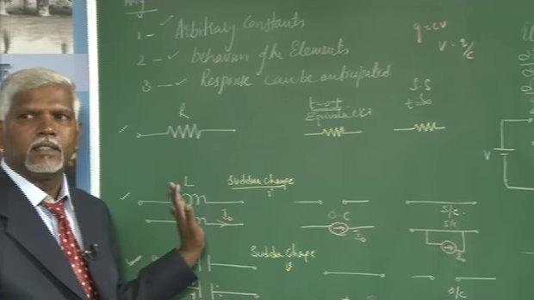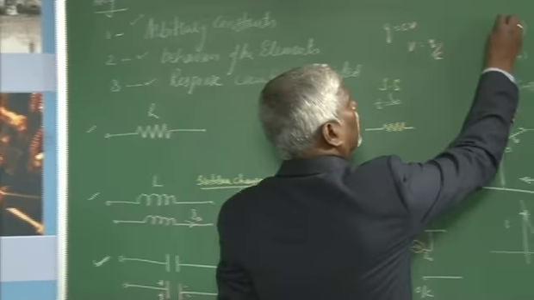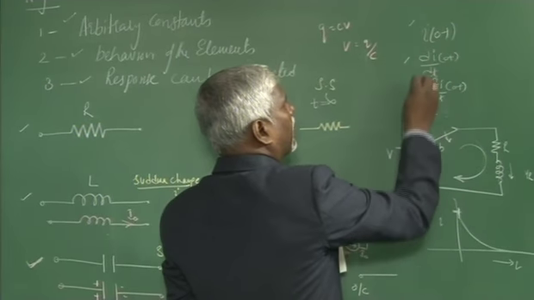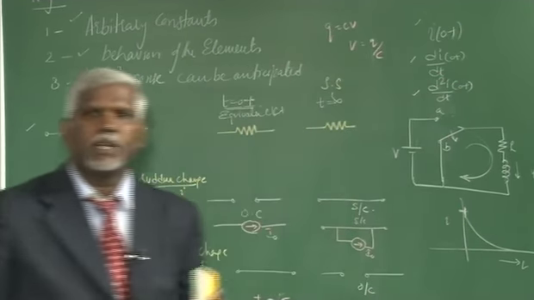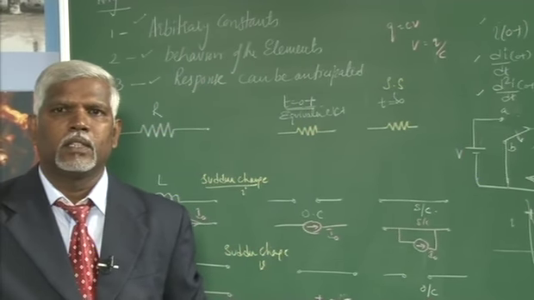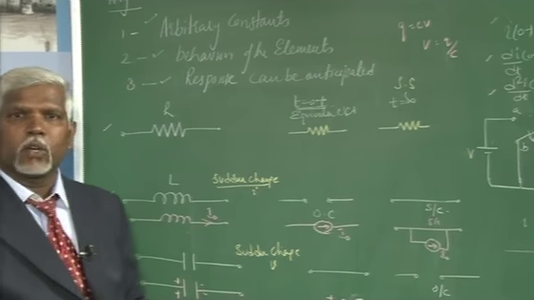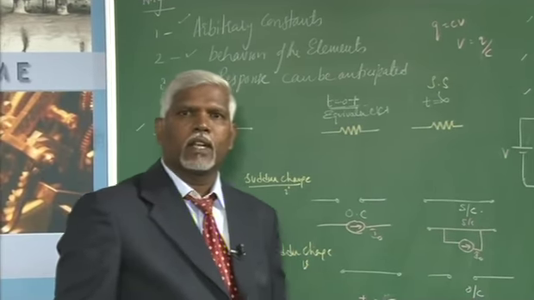So, now the question is, why is it that we need to know the current at 0 plus, derivative, and the second derivative? What is the geometrical interpretation of these values? It need not be I at 0 plus, di by dt at 0 plus, d squared I by dt squared at 0 plus.